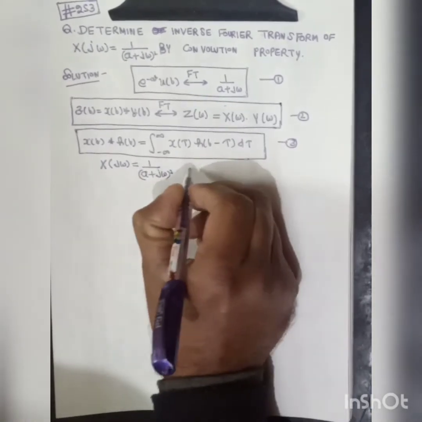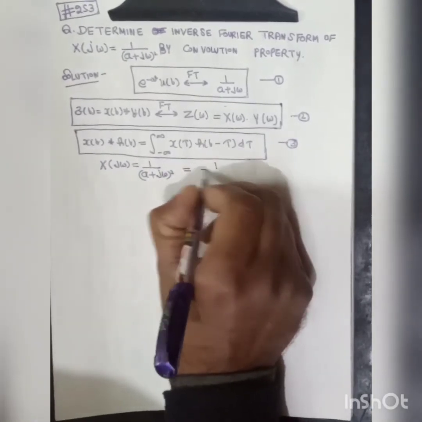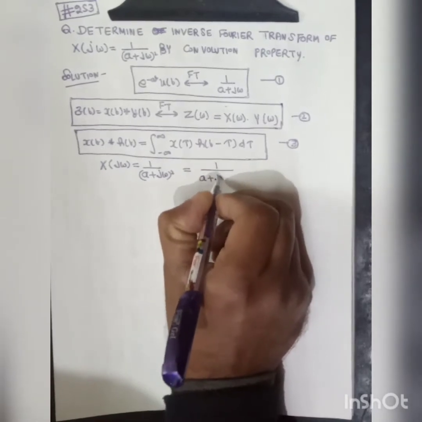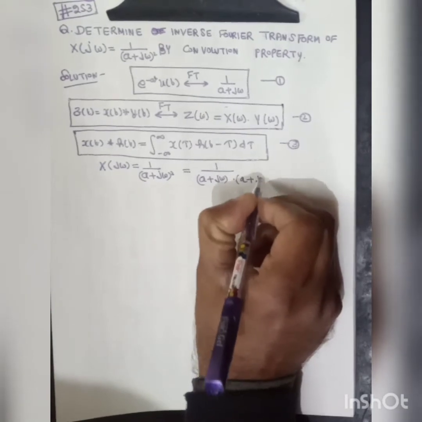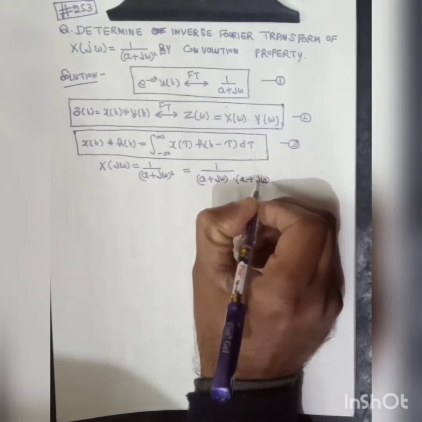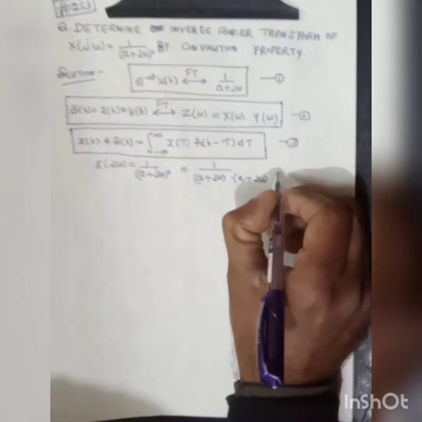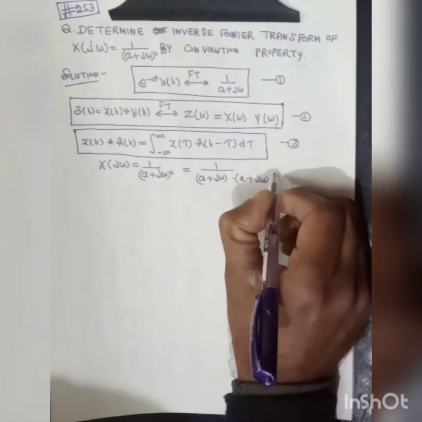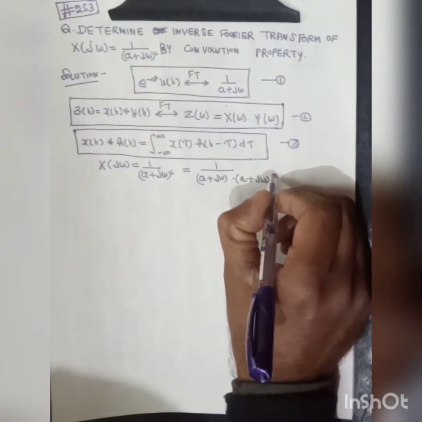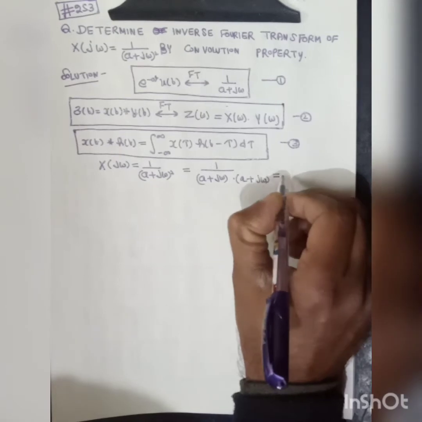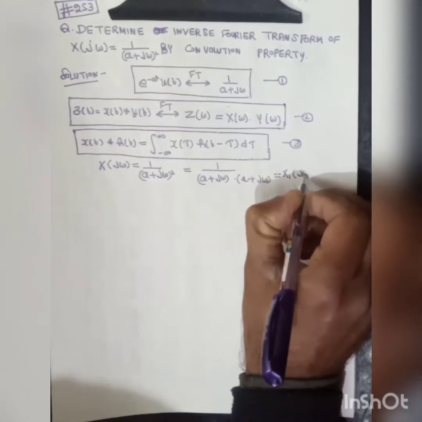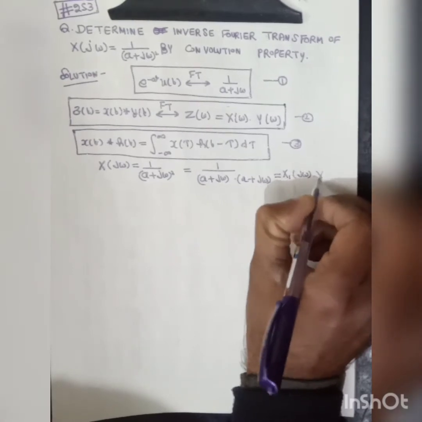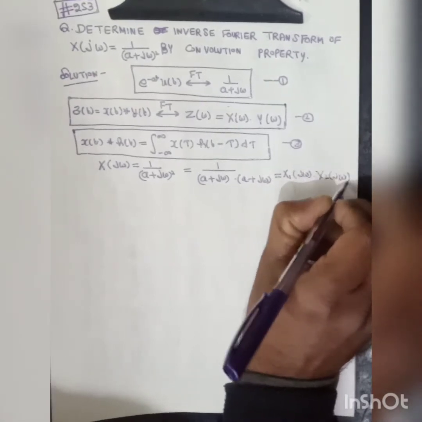So this can be written as 1 upon (a plus j omega) multiplied by 1 upon (a plus j omega). This can be written as a multiplication of two frequency domain functions. Let this be x1(j omega) multiplied by x2(j omega).